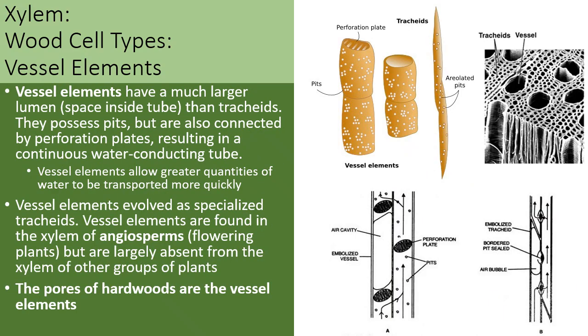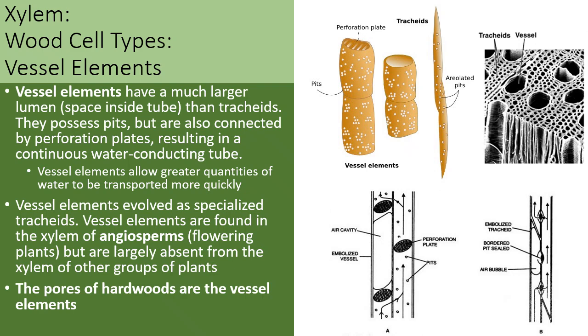The next type of water-conducting or vascular xylem is the vessel elements. The vessel elements have a much larger lumen. The lumen is just the space inside of the tube. They're much larger in diameter than tracheids. Being larger allows the vessel elements to transport much greater quantities of water much more rapidly than is possible with tracheids.